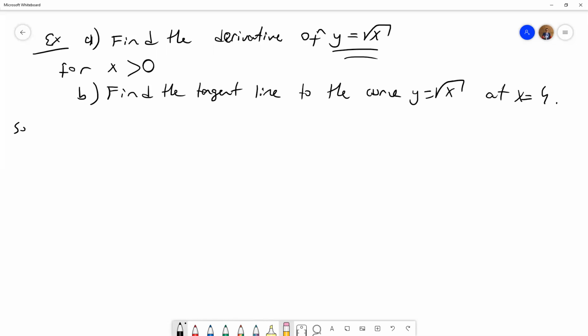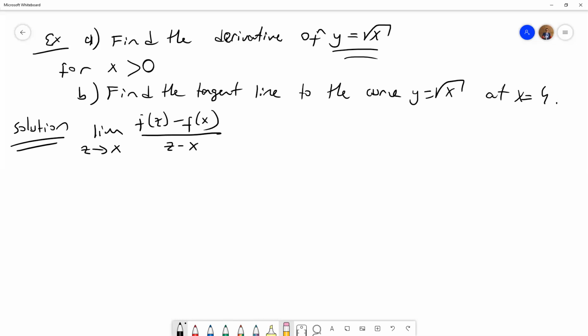So for the solution of this question, we use the other definition for the differentiation. Which one is that? This one. Limit z goes to x, we have f(z) minus f(x) over z minus x.